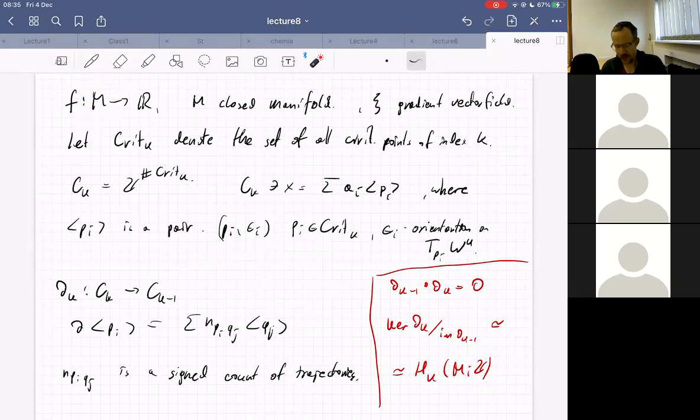The proof, okay, this condition is known as the condition of a chain complex. So there is an object in mathematics, and probably most of you know, that there are chain complexes.